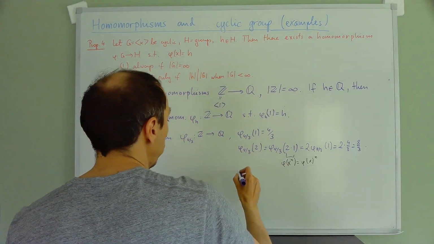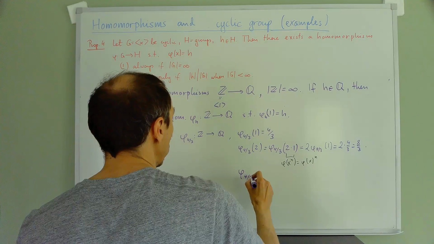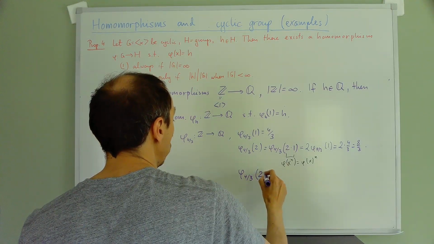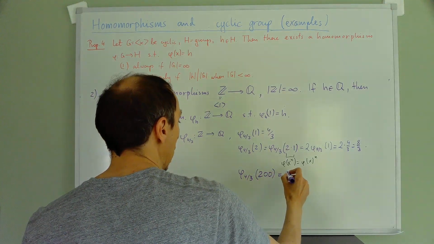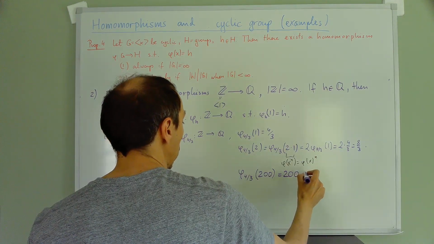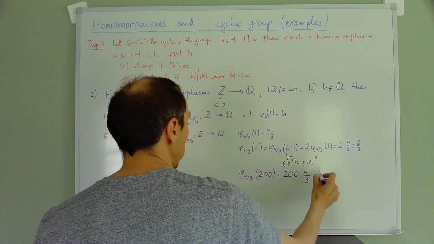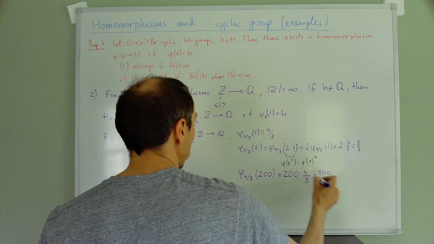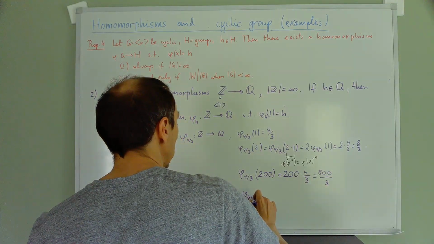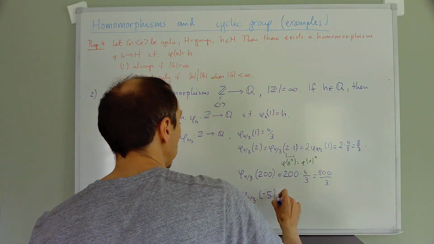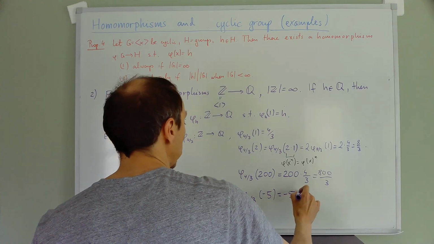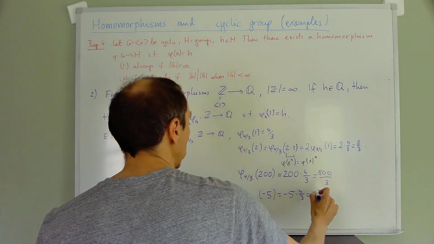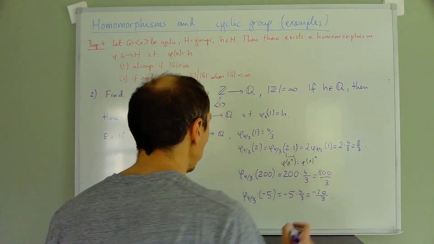And you can just compute the image of any element. Let's say 200, that's going to be mapped to 200 times 4/3, so 800/3. Phi 4/3 of -5, that's -5 times 4/3, -20/3.